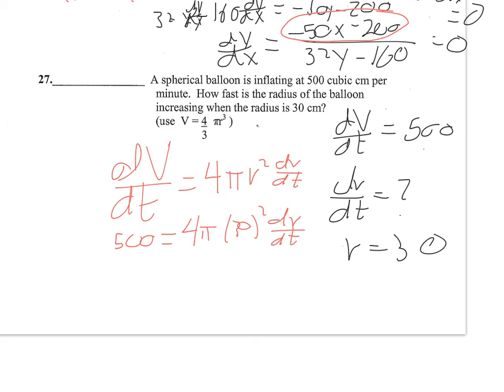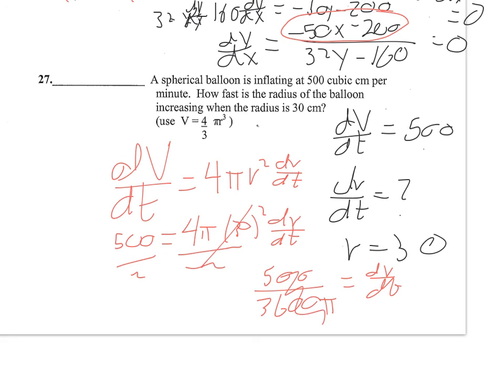And so we'll divide this all off, so now those cancel, and so you should be left with 500 over 3600 pi equals dr over dt. And I suppose we could reduce that, okay, the zeros cancel, so it's 5 over 36 pi.